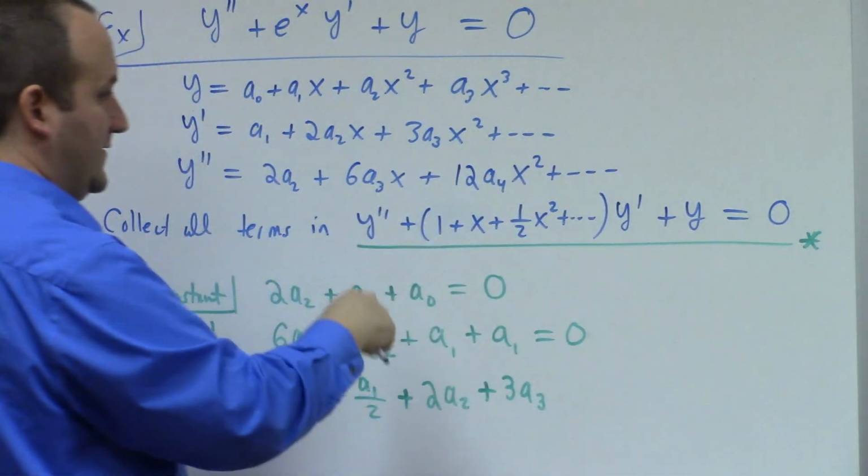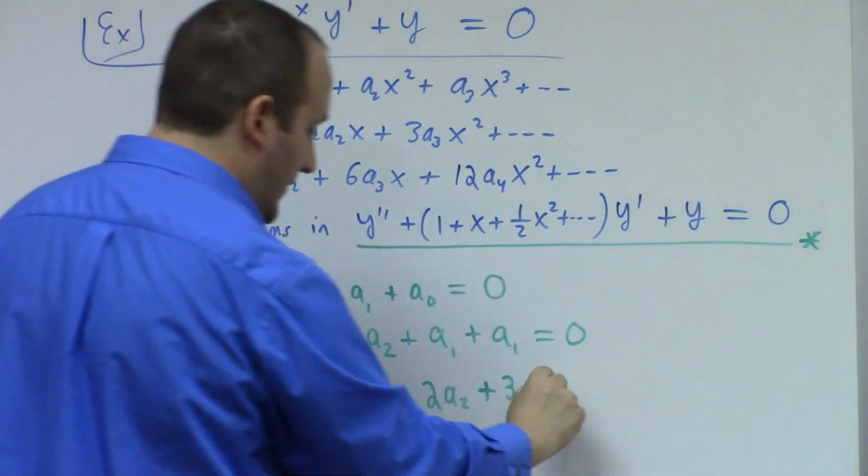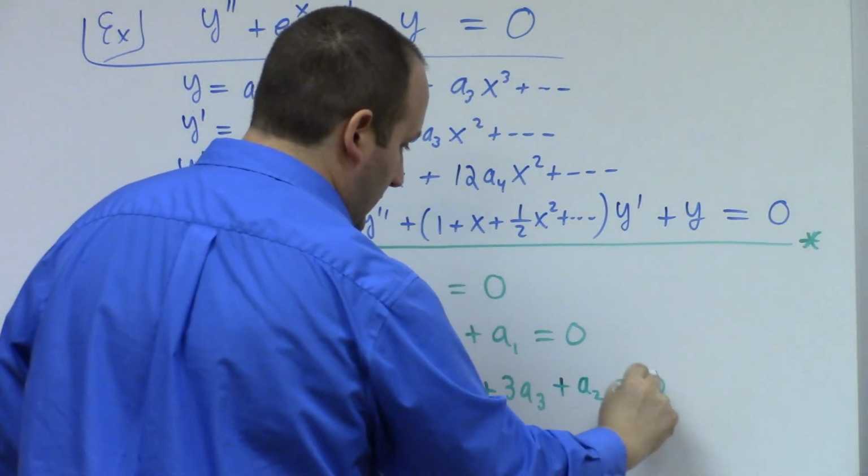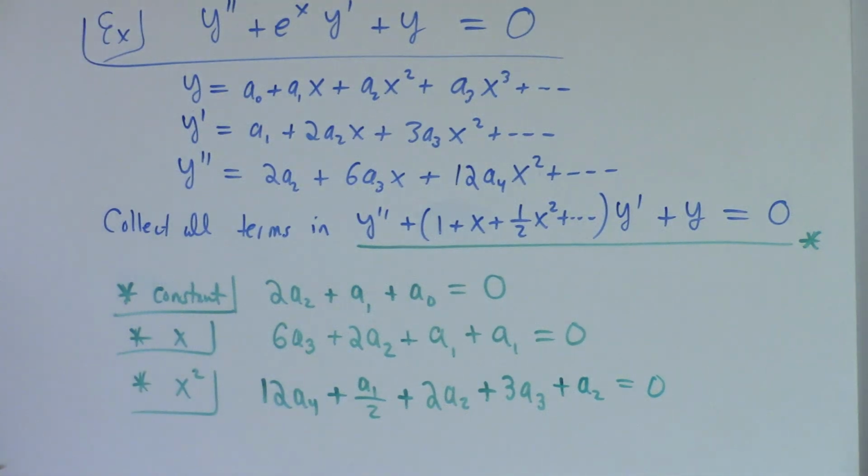Then what y has? Plus a2, right? So this is a pretty nasty problem. To make it nicer for us to understand, how can I say this?